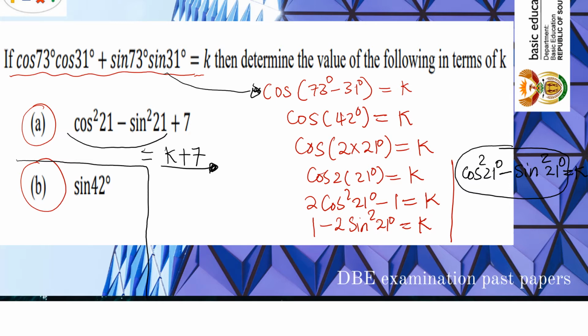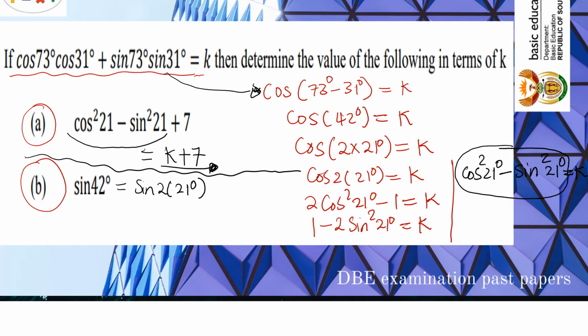Okay, let us now move to B. They said express sine 42 in terms of k, right? We know that sine 42 can also be written as a double angle of sine, say sine 2 times 21 degrees.